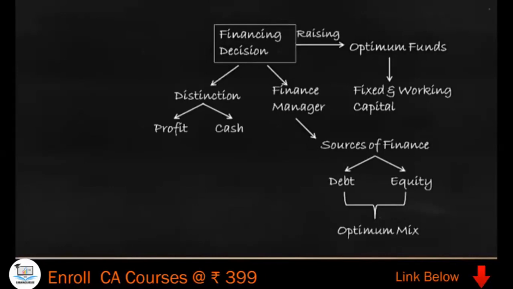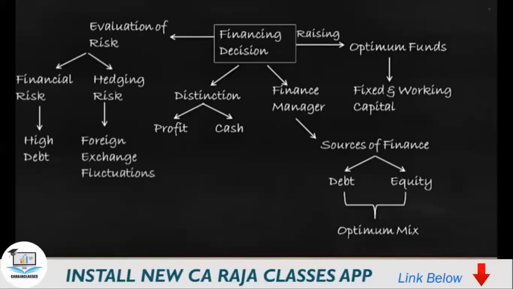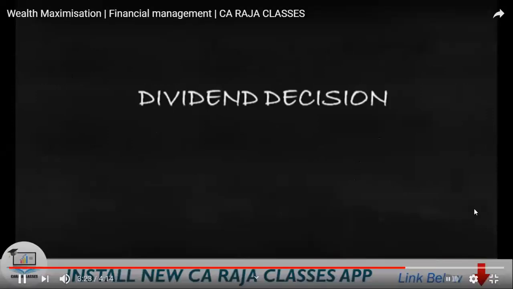So he should understand the difference between them, and he should also be able to evaluate the risk in financing. There could be a financial risk which can arise because of high debt, and there could be hedging risk which could arise on account of foreign exchange fluctuations. He should be able to understand all this. And the next important decision for wealth maximization is dividend decision.